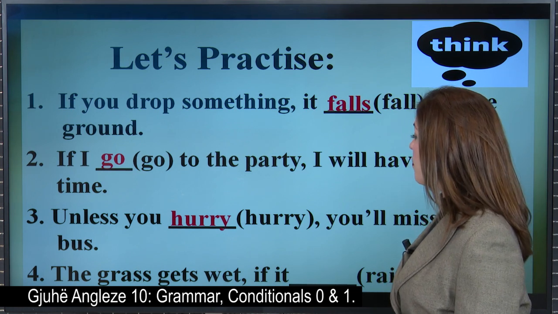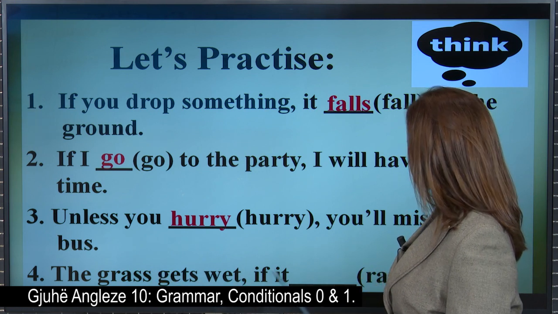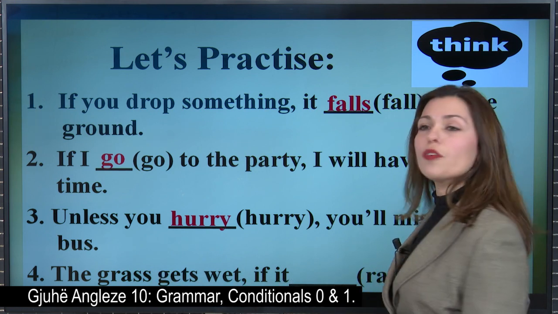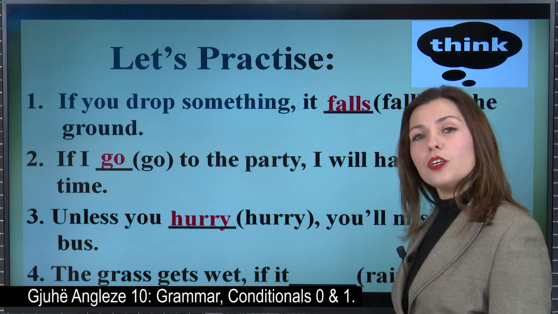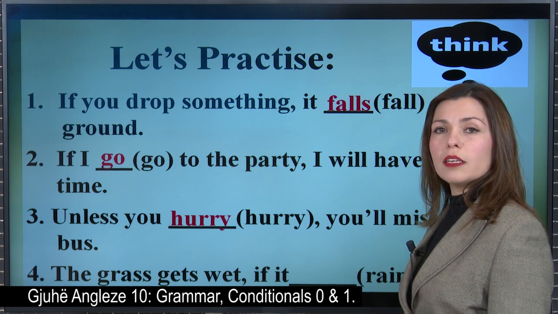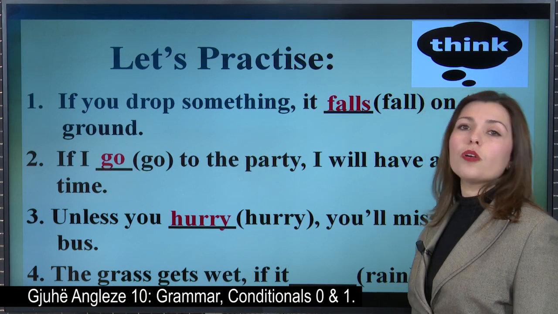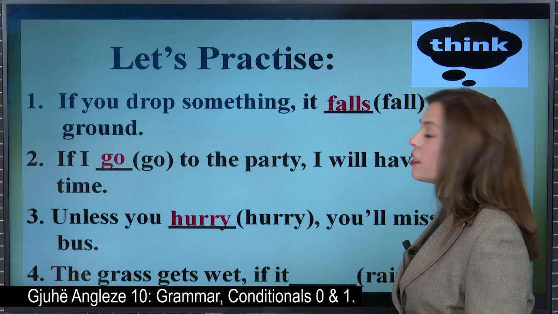And number 4, the grass gets wet if it, and you've got the verb rain. So, again, you need to understand which conditional is it. Is it zero conditional or is it the first conditional? This is a fact again.